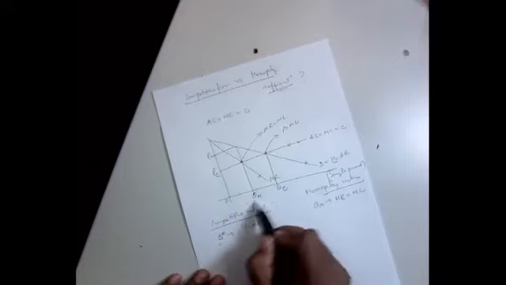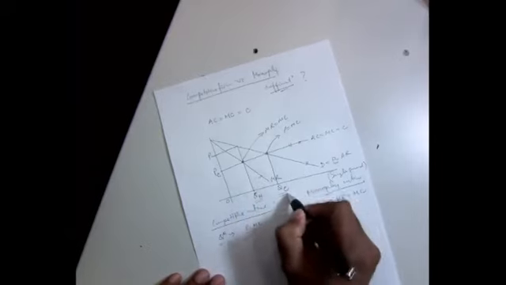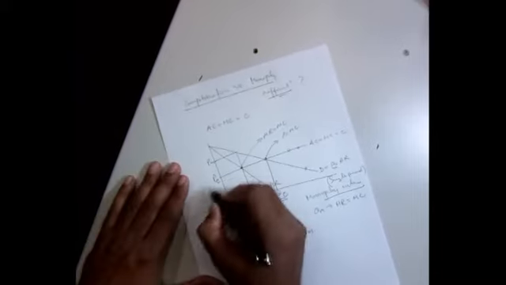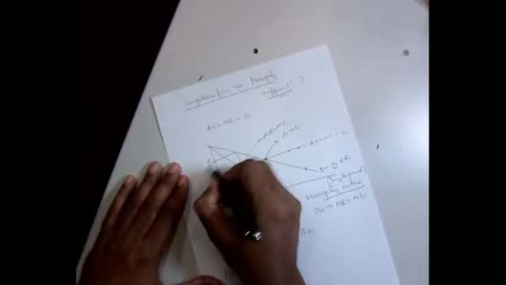Who is offering a higher amount of output? Monopoly is offering QM, the competitive firm is offering QC. So when I look at the output, I can see that the competitive firm offers a higher level of output than the monopoly, right? Now I need to look at the price. Who is offering a lower price? The competitive price is PC, the monopoly price is PM.